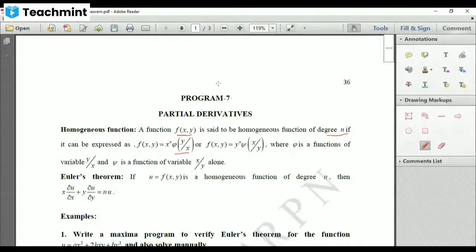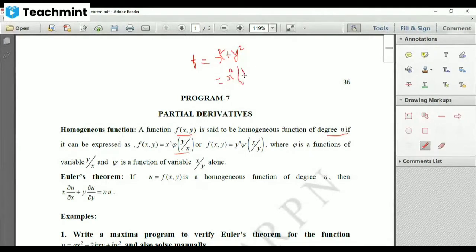For example, suppose f of xy is x square plus y square. Now here, what is the maximum power for x? It is 2. So let me take out x square outside.